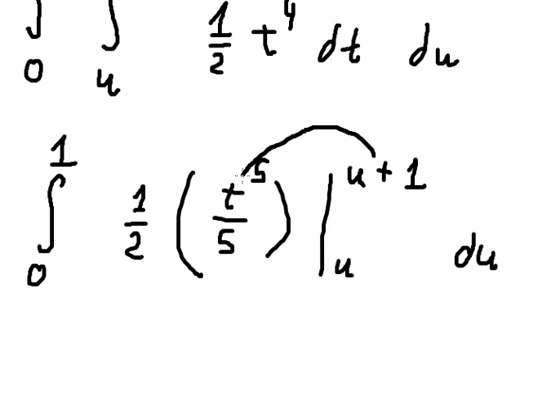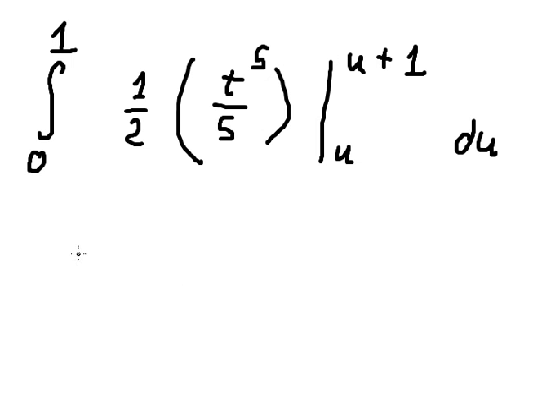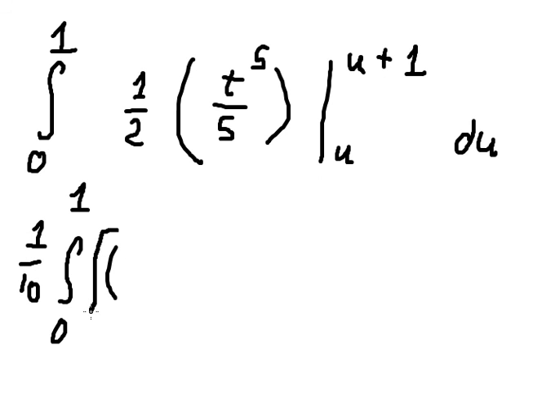So I will put this one here, and u here. So 2 and 5, we have 10. Oh, sorry, let's see about u.